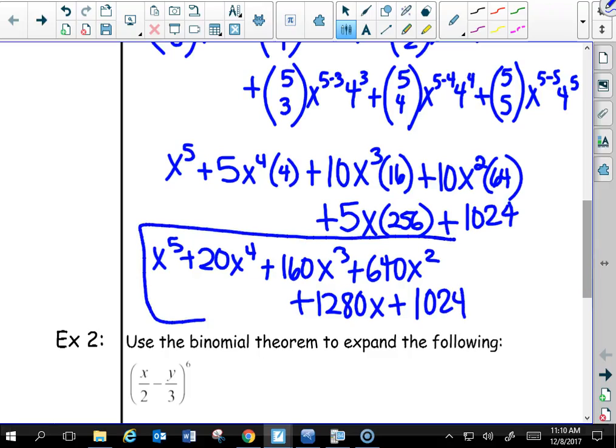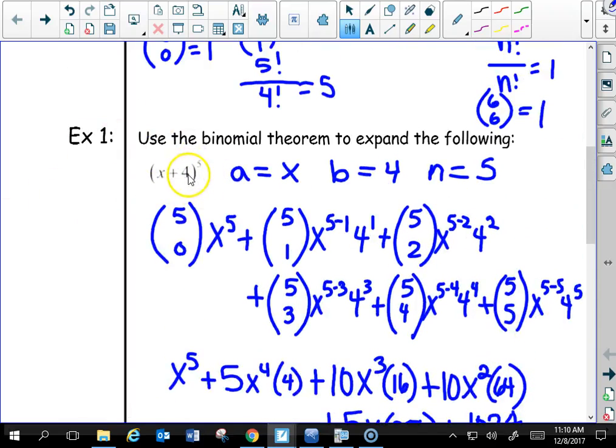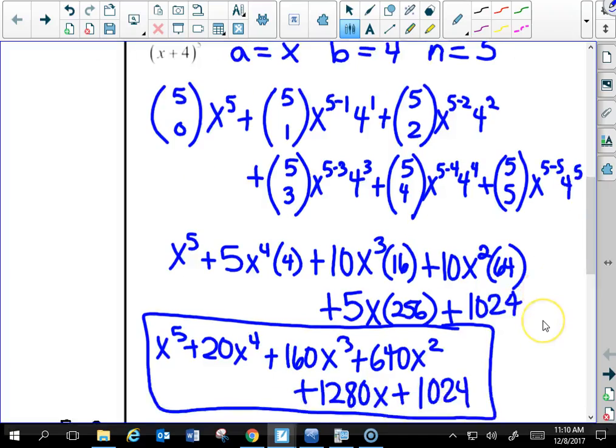And that is my expanded. And it seems like a lot of trouble, but this is much easier than doing the multiplications that would be required to expand out x plus 4 multiplications and combining.